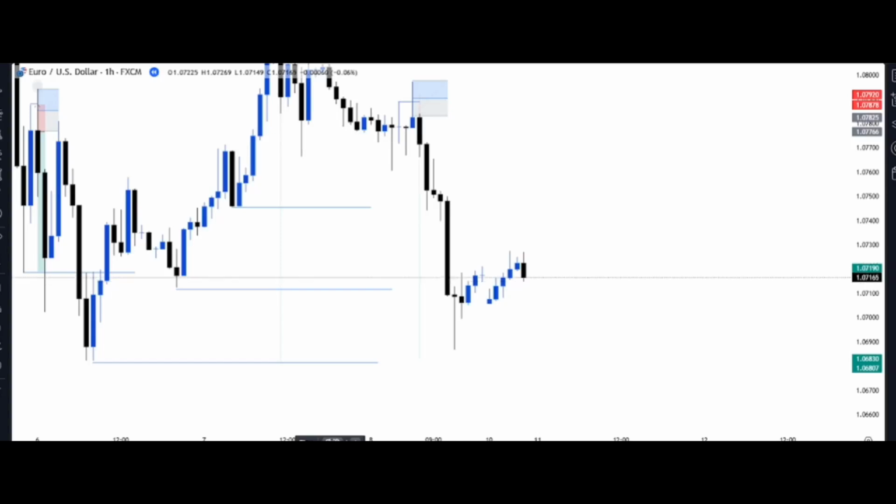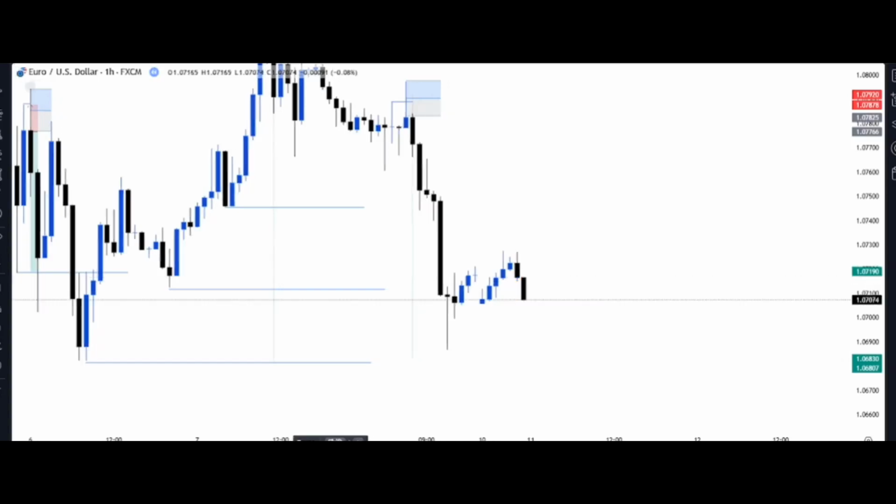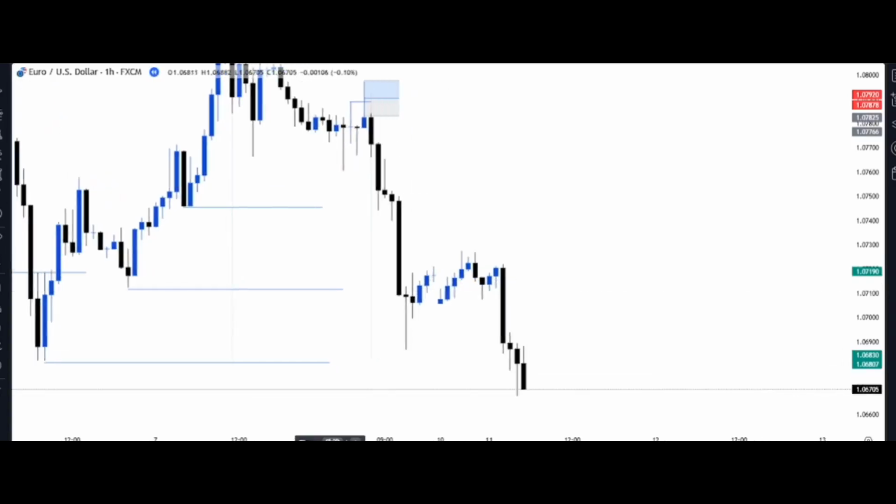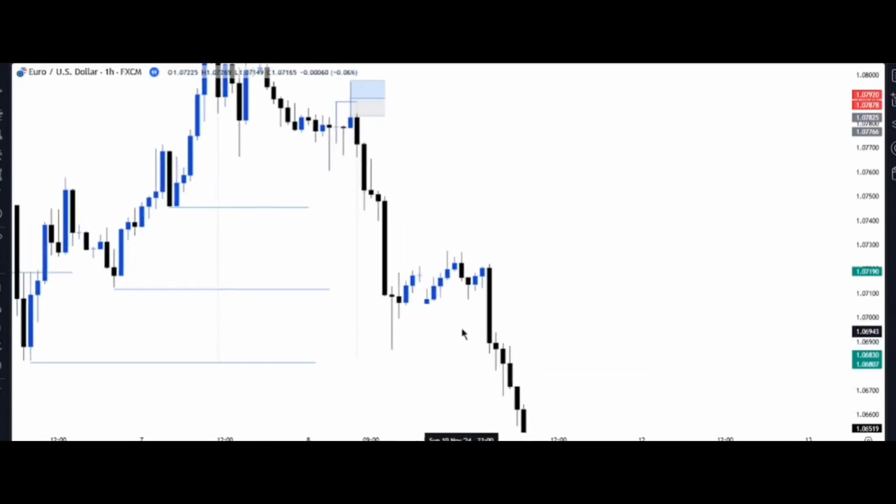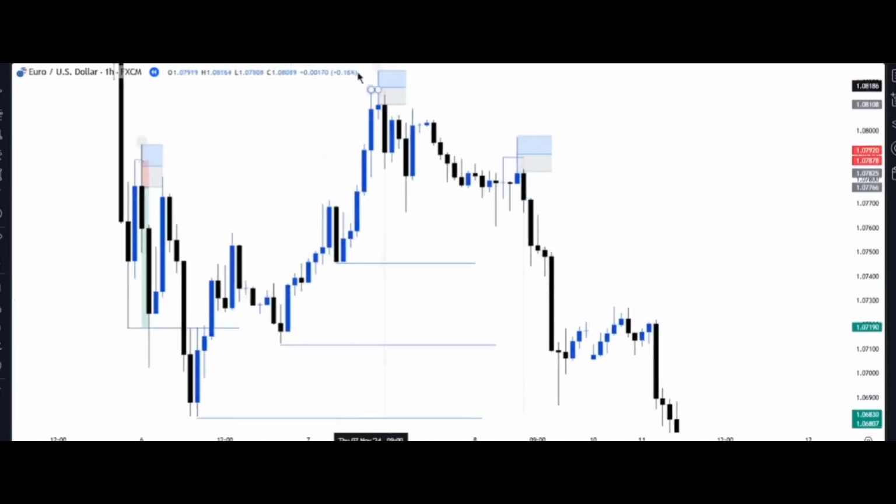Okay, let's see. I'm trying to see whether we can add any position. No. So it has smashed our take profit. Okay, so look at the massive trade. We have two trades here running in our favor. It's crazy, guys. Very simple strategy. You don't need to stress yourself. Just go straight to the point, and that's all.